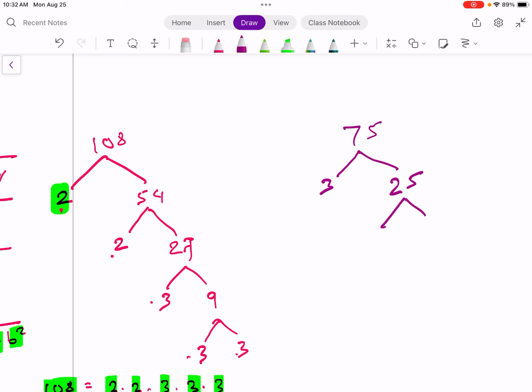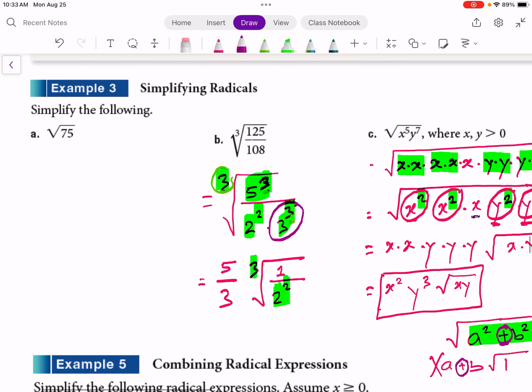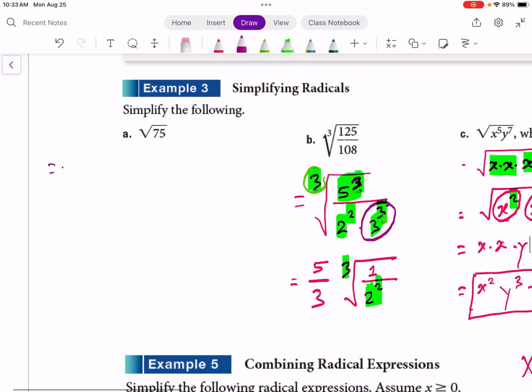Now the smallest prime number that divides 25 is 5. 5 times 5 is 25. So our 75 is 3 times 5 times 5.